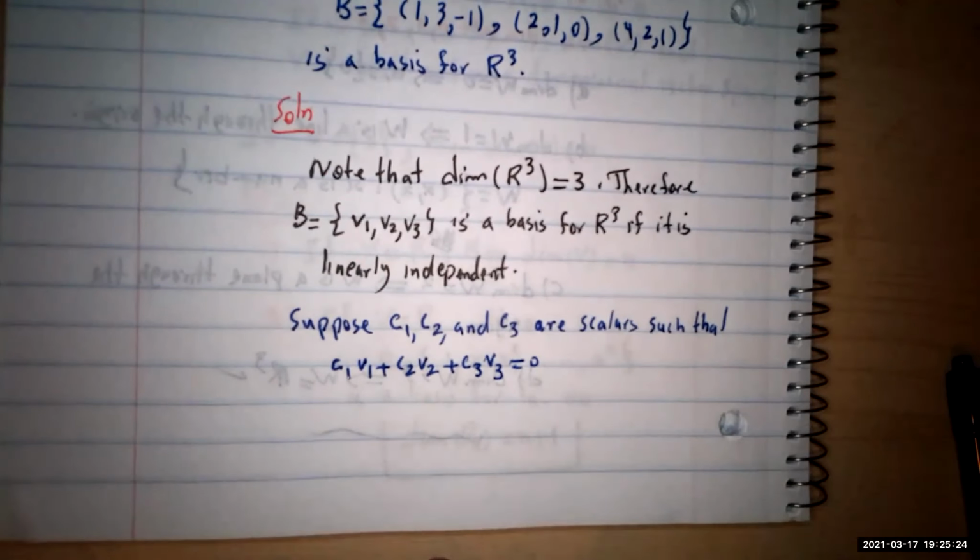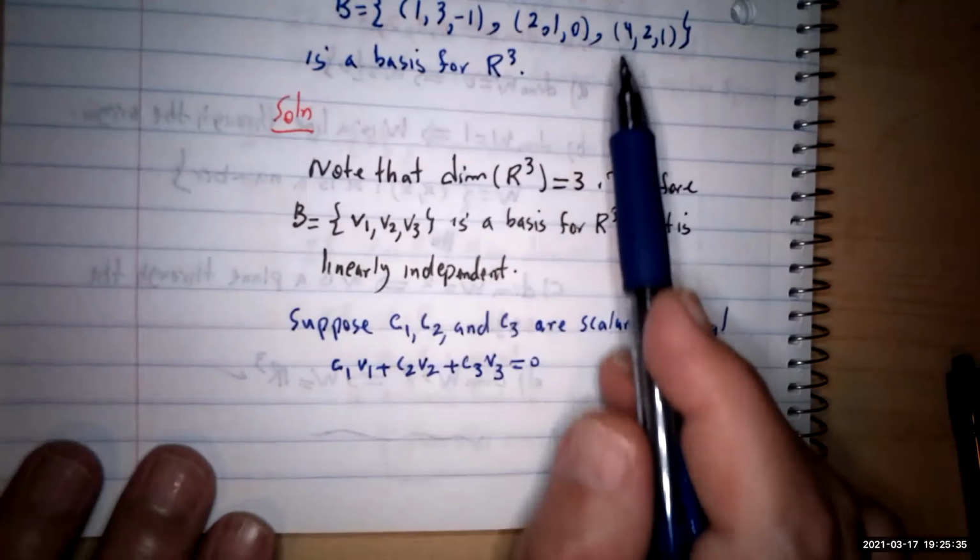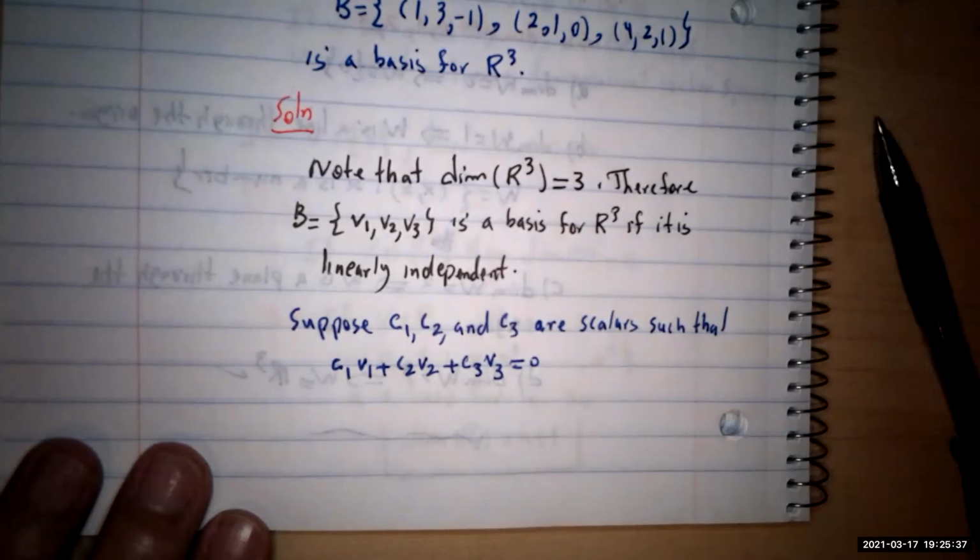You have to prove that C1, C2, C3 are all equal to 0. As we did before, you put them together and get the matrix of the coefficients.